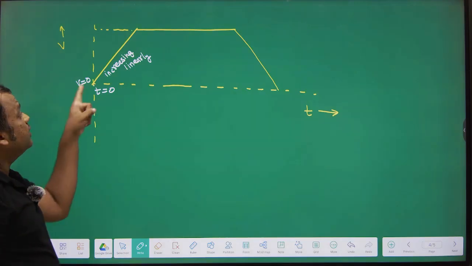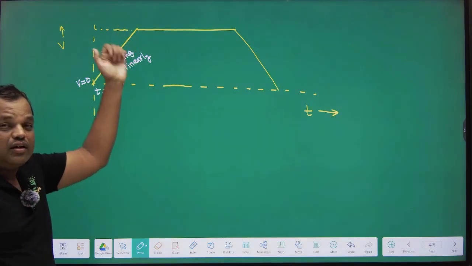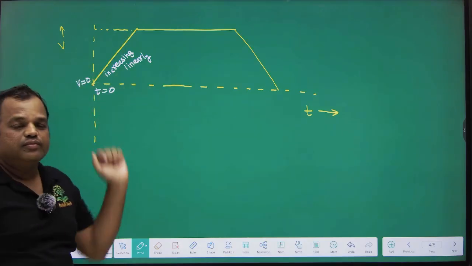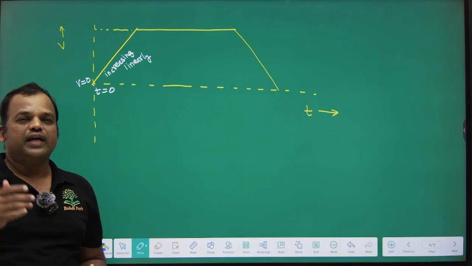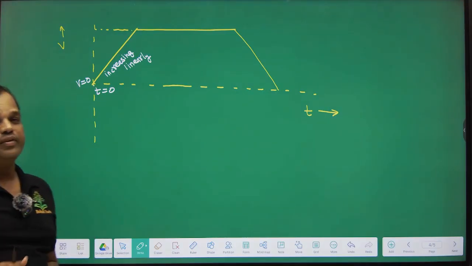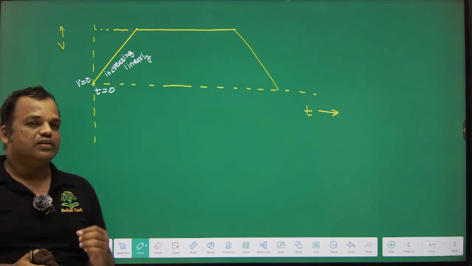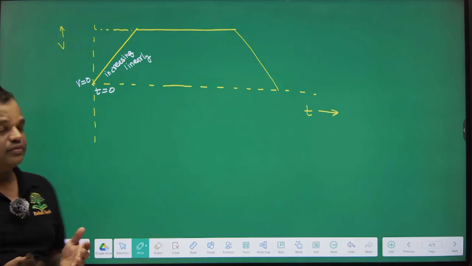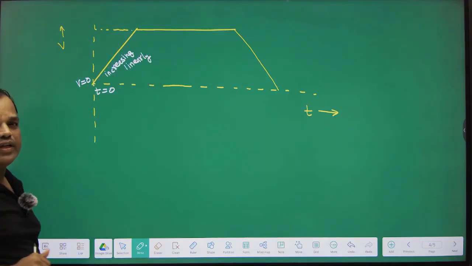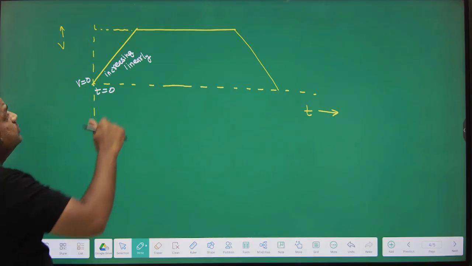Because the graph is a straight line. When velocity time graph is a straight line, we know that acceleration is constant, because we have learned this in previous discussion in the topic slope of a graph. So acceleration is positive and it is constant.